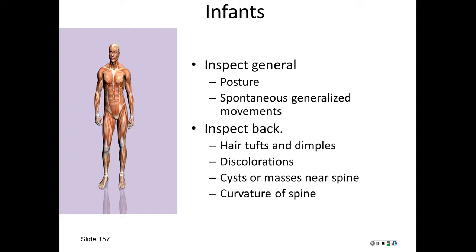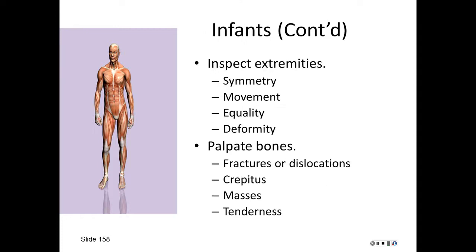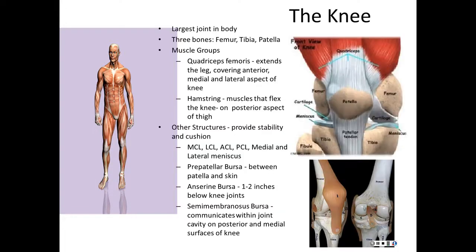And on infants, you're going to look at the posture, spontaneous generalized movements, inspect the back for hair tufts and dimples, discoloration, cysts or masses near the spine, and curvatures of the spine. And you inspect the extremities for symmetry, movement, equality, deformities, and palpate the bones for fractures or dislocations, crepitus, masses, and tenderness.